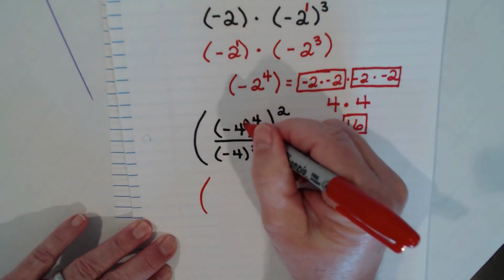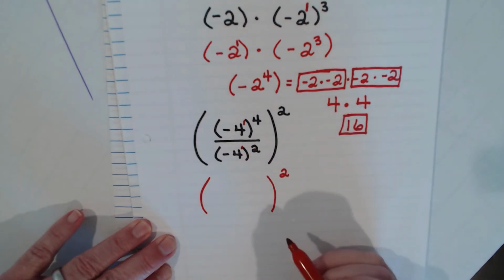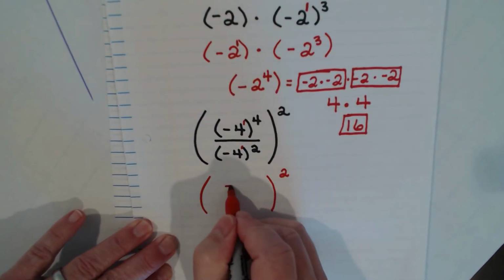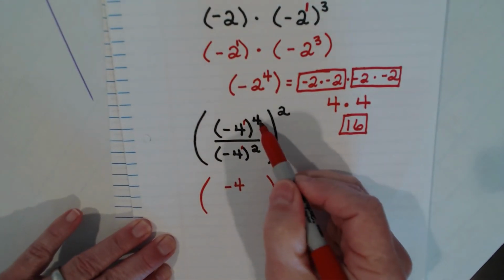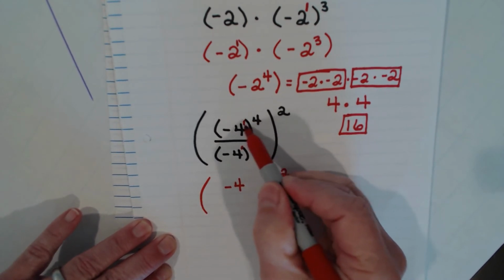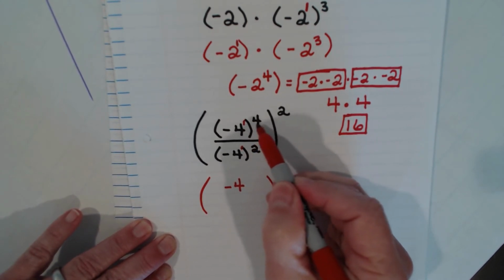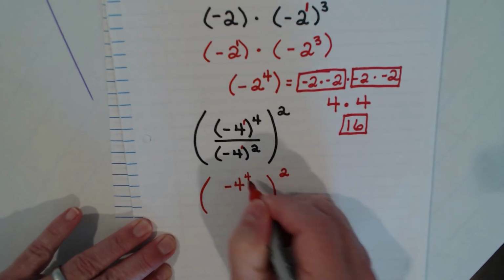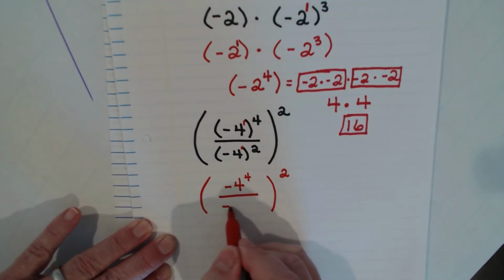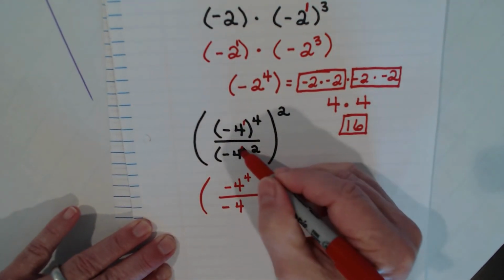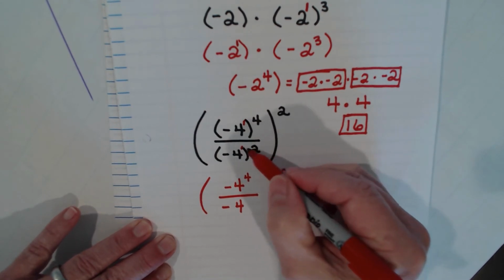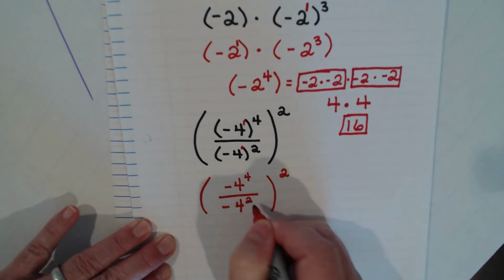Remember, there's an exponent of 1 right here and an exponent of 1 right here. So that's going to be -4. 4 times 1, because this is a situation where I can multiply these exponents together, to the 4th power, divided by -4. Another situation where I can multiply these exponents together, 2.